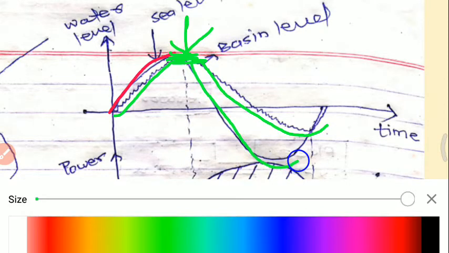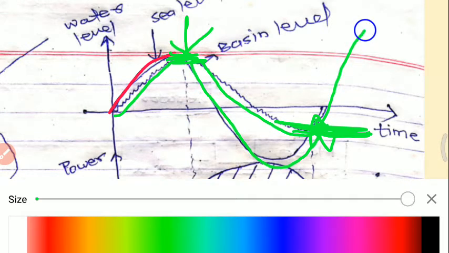And again when high tide occurs, this water starts increasing, and both the water levels become equal at this point. And at this point again the gates are opened, and then the water goes into the basin, and the level of the basin also increases with the level of the ocean, and again the same phenomenon happens.